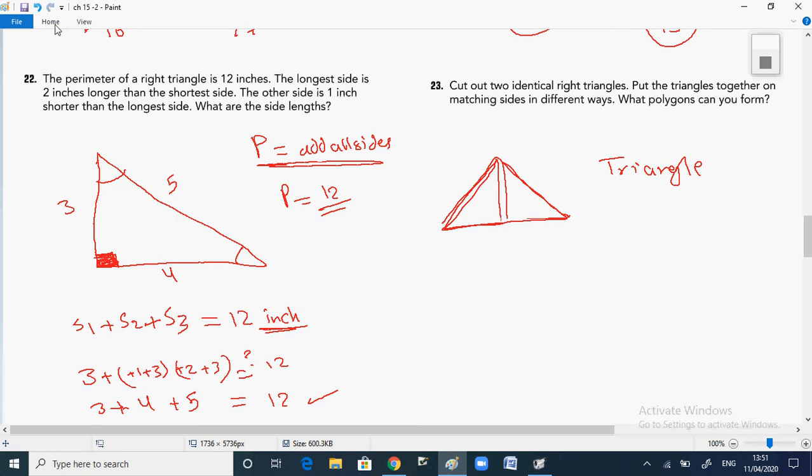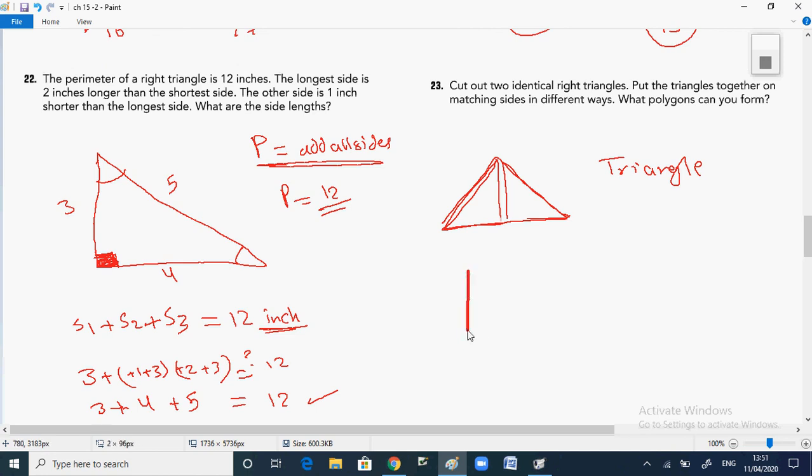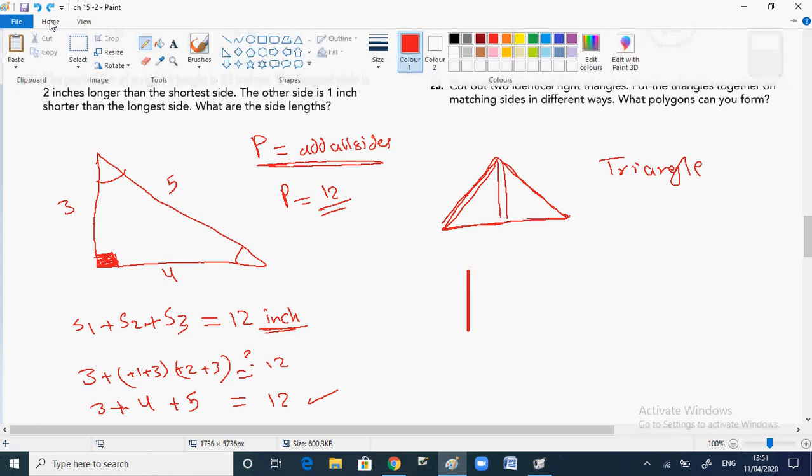I will use the same. Let me choose this. I will make another one.